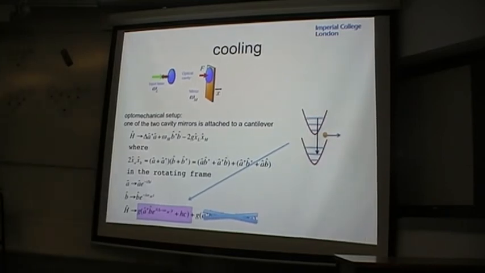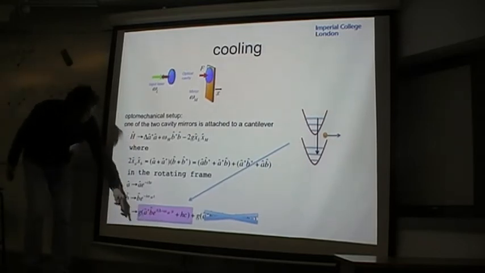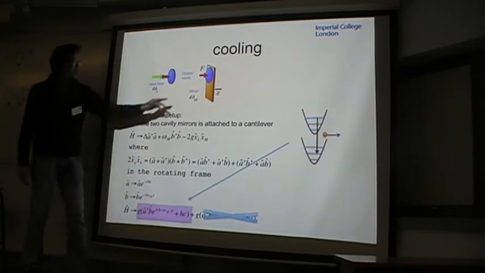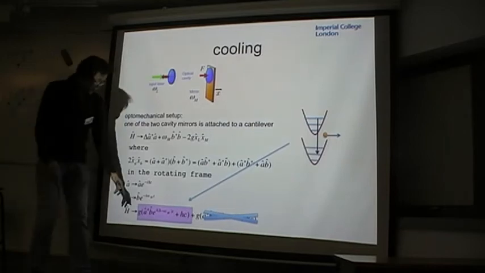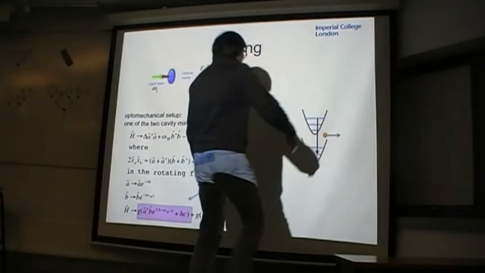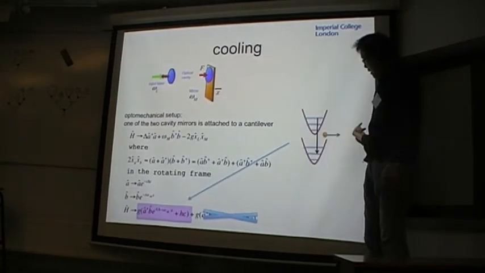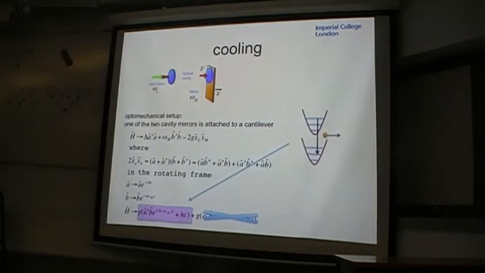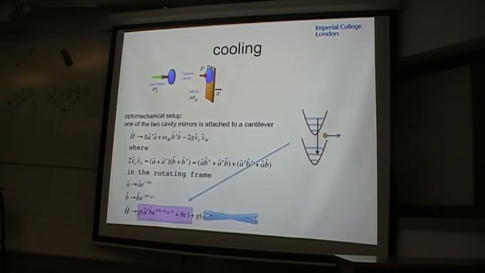Okay? So that is the thing. So clearly, A is the operator for the photonic field, and B is the operator for the mechanical oscillator motion. So lowering the mechanical oscillator motion from the upper state to the lower state, and then a photon comes out. If the photon stays inside the cavity, bad luck, but if it comes out, then we've lost one phonon.